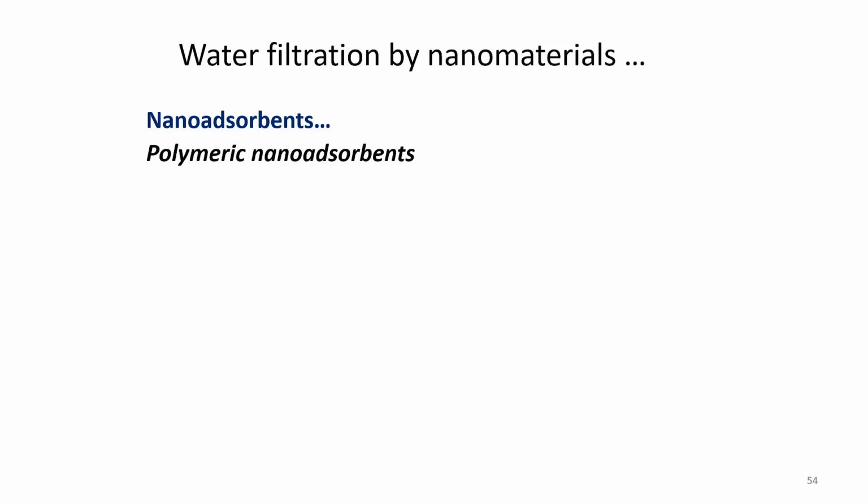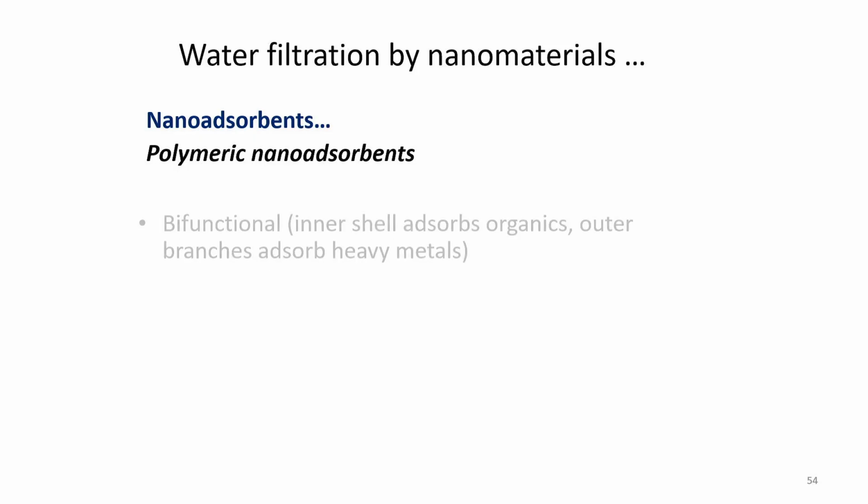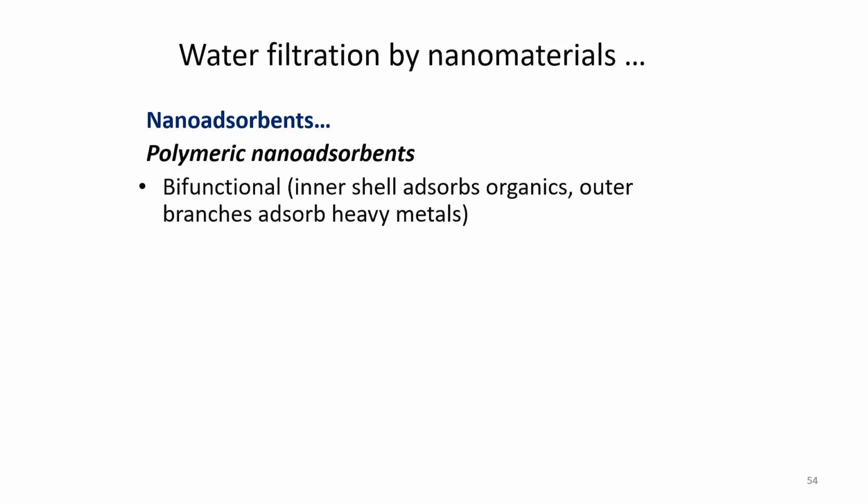There are other types of nano adsorbents, polymeric nano adsorbents. What is that? They are bifunctional: the inner shell adsorbs organics and the outer shell adsorbs heavy metals.